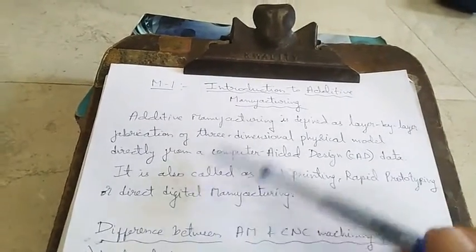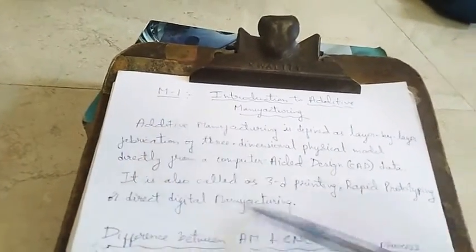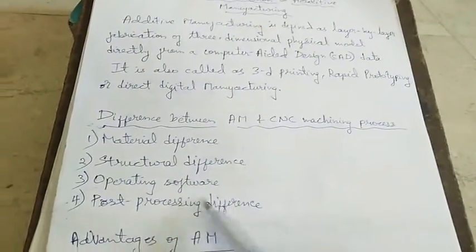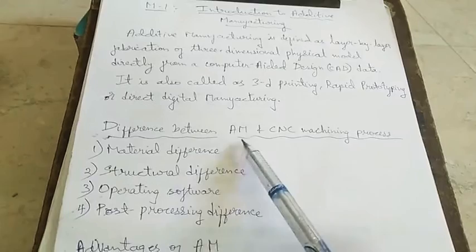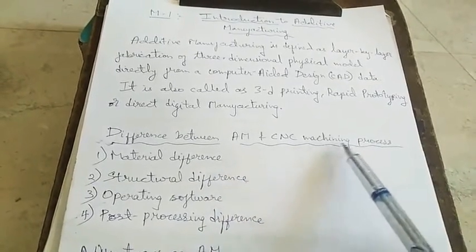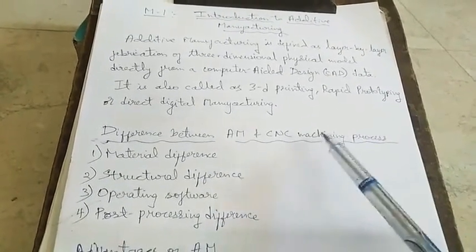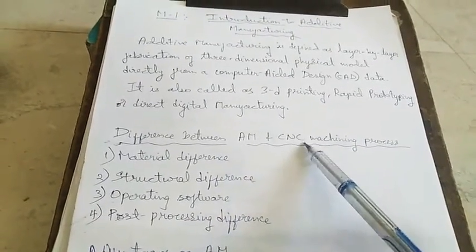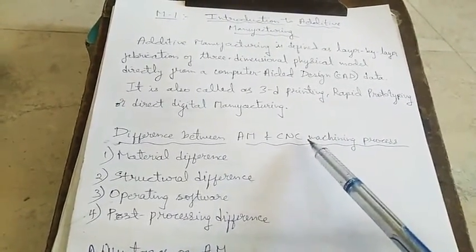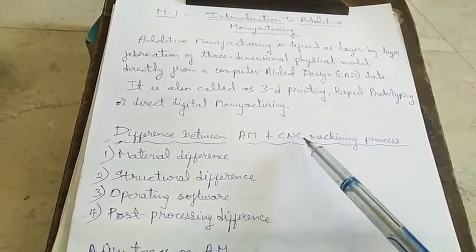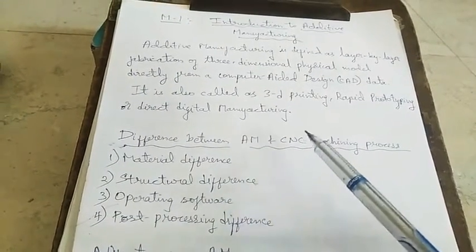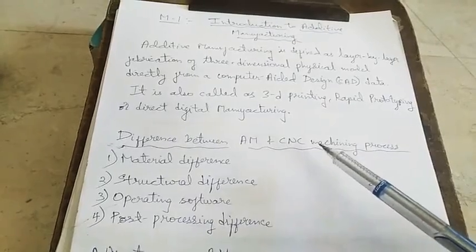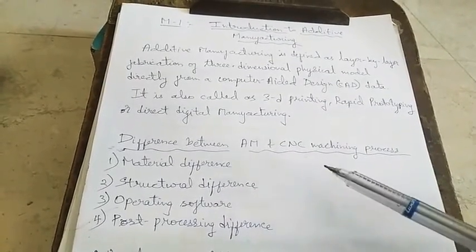So now we are in module 1. We'll see the basics of this subject. Next we are going to see the difference between additive manufacturing and CNC machining processes. In the CNC machining process, initially we have a solid specimen. We remove the material from the specimen in order to manufacture a product.